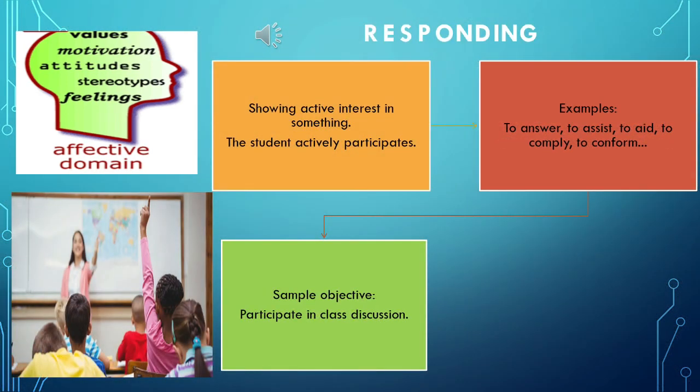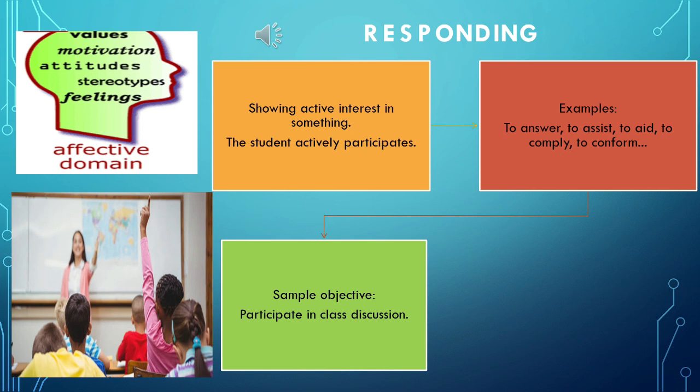Next is responding. In responding, the student is showing an active interest in something. It requires active participation on the part of the learner. It attends and reacts to a particular phenomenon. Learning outcomes may emphasize compliance in responding, willingness to respond, or satisfaction in responding.